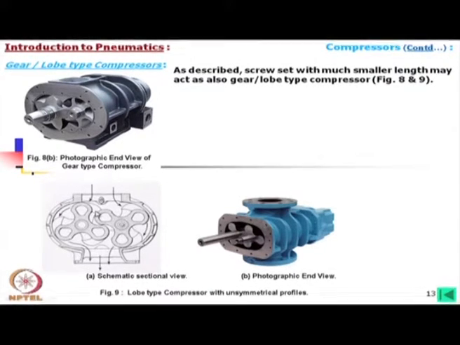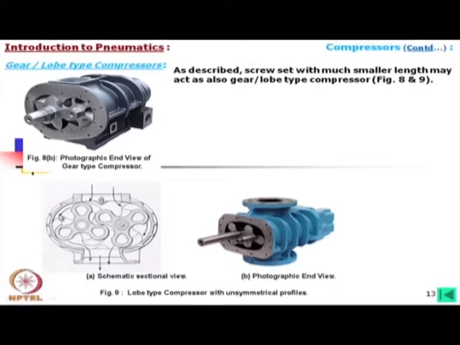If we recall, comparing with the gear pump, from this contact point and these 3 contact lines or points on this plane, if we consider with the rotation, this area will gradually reduce, that means this volume will be compressed.